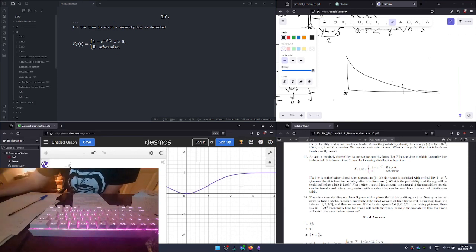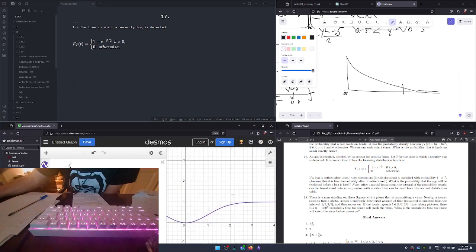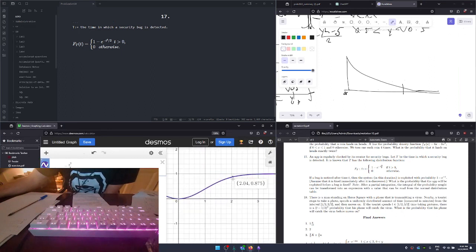So what it's trying to say is that if it takes, for example, 2 units of time, suppose it's hours, to detect the bug, then the probability of that happening is 80%.